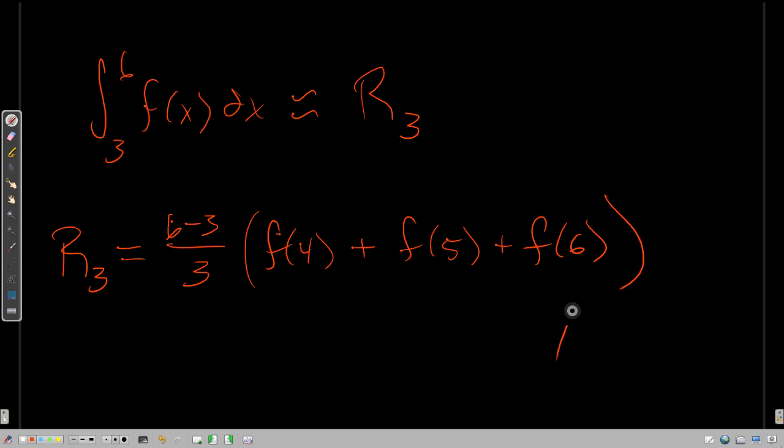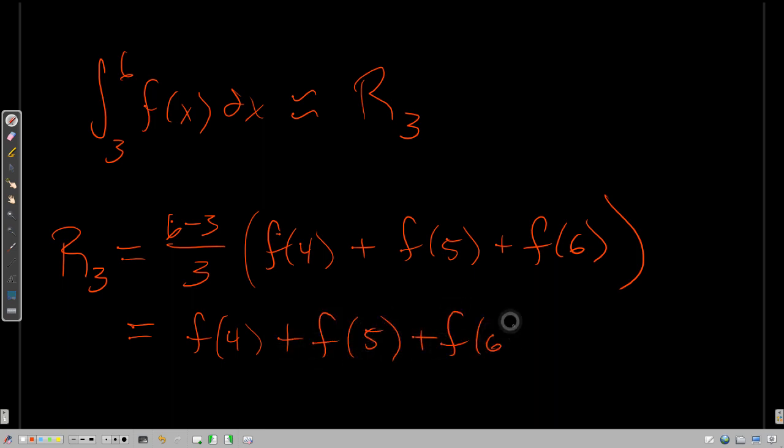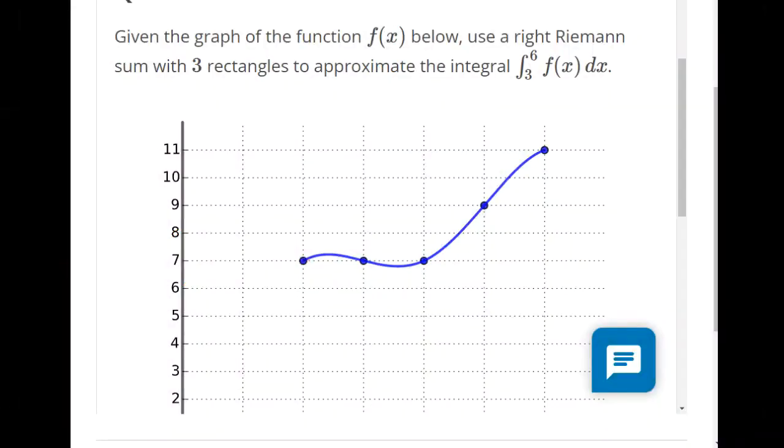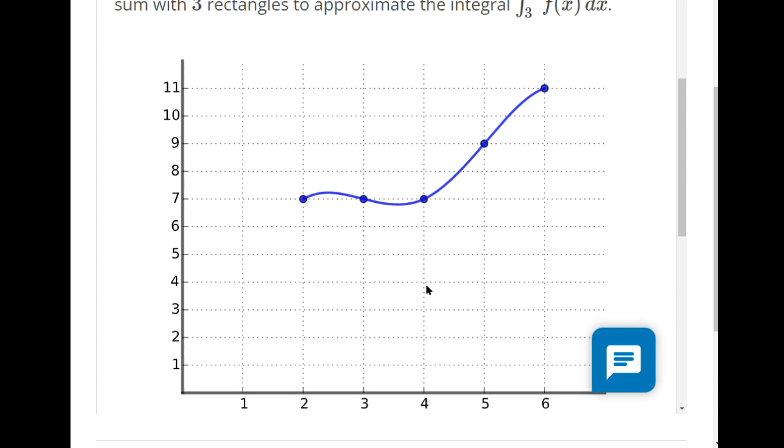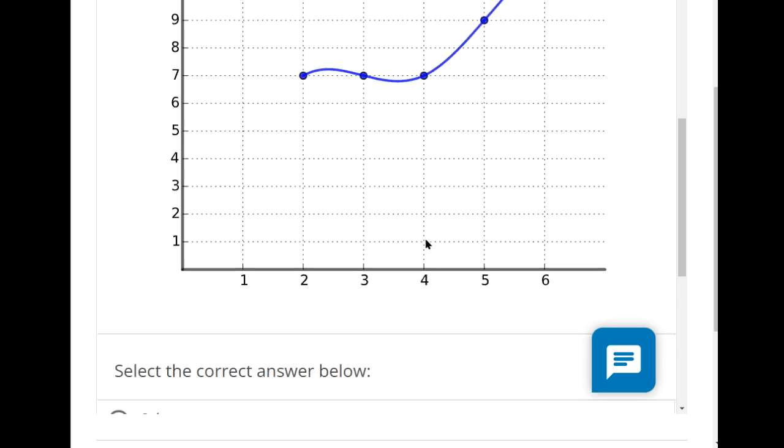That way it stops at the rightmost endpoint of our path. So that right Riemann sum is just the addition of these 3 numbers. f of 4 plus f of 5 plus f of 6. Well, f of 4 is 7. 7 plus 9 plus 11. So it's 27.